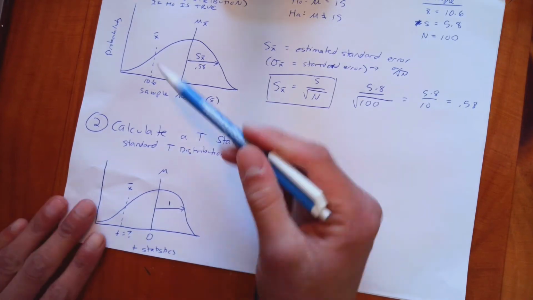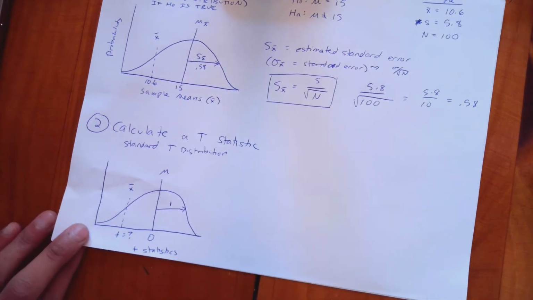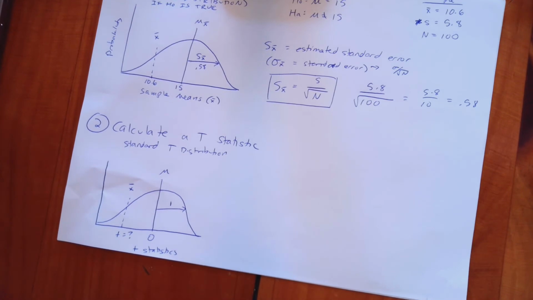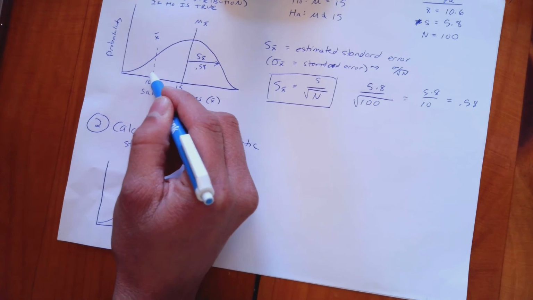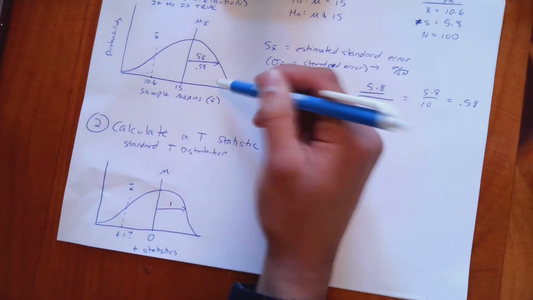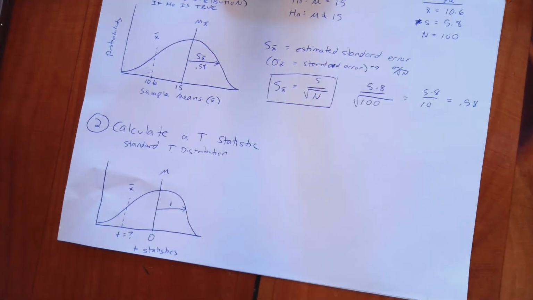So if we can standardize this, in a nutshell, we can find out the exact probability of getting a sample value that's as extreme or more extreme than the one we actually got.